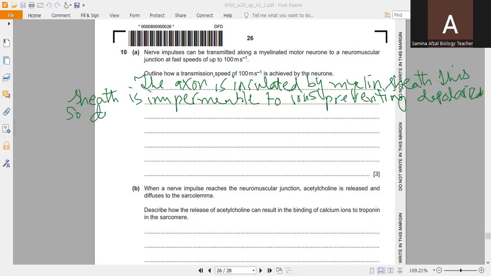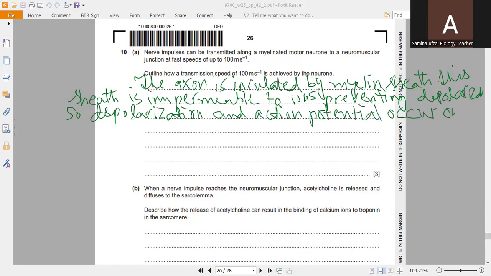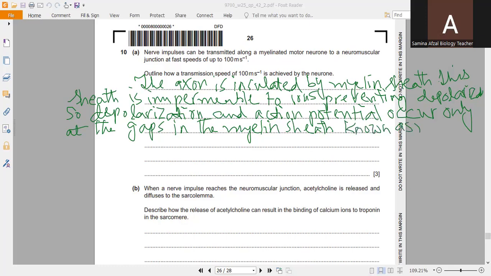So depolarization and action potential occur only at the gaps in the myelin sheath known as nodes of Ranvier.